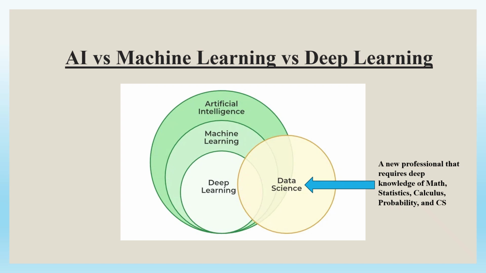So I'm giving you here an example of what data science is about. We have the big outer circle, which is everything about artificial intelligence. Part of that, a core of artificial intelligence, is machine learning, as we saw before, which will have the algorithm and the training from the data scientist. And within machine learning itself, there is a smaller circle, which is deep learning.